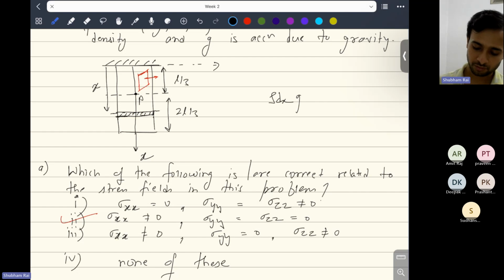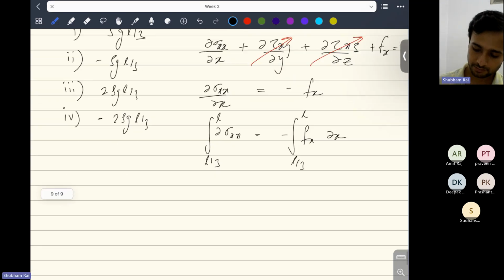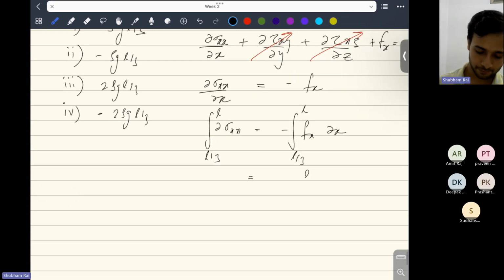So this will be the normal force acting at this cross section. So if we integrate this, rho g and dx. Okay. So Fx basically is rho g.